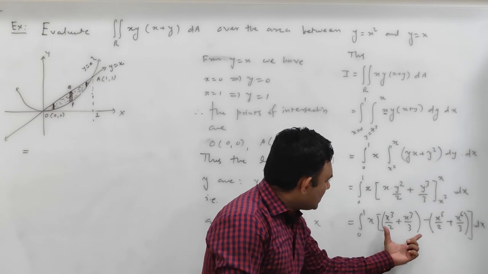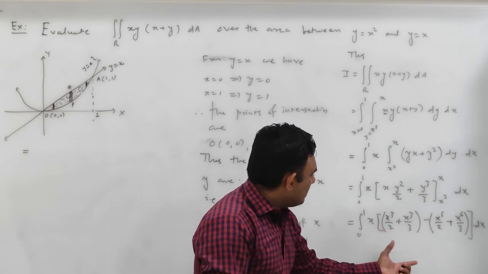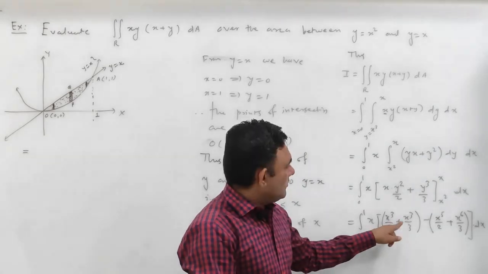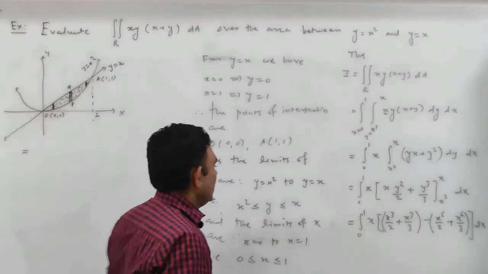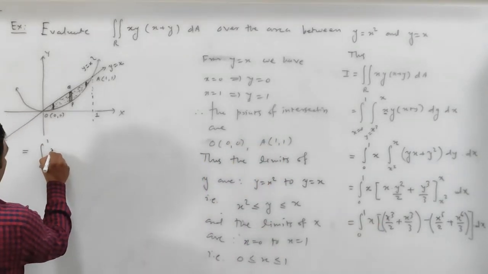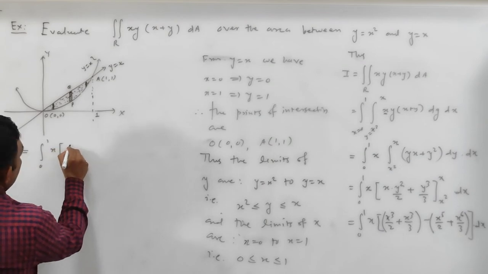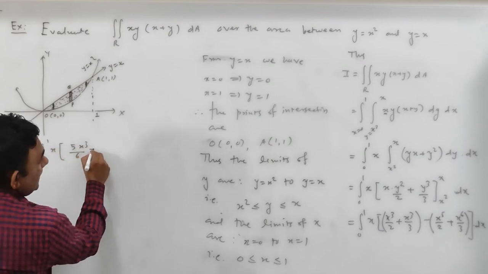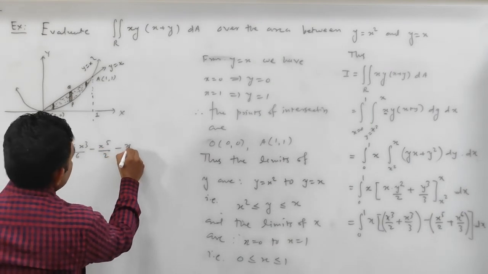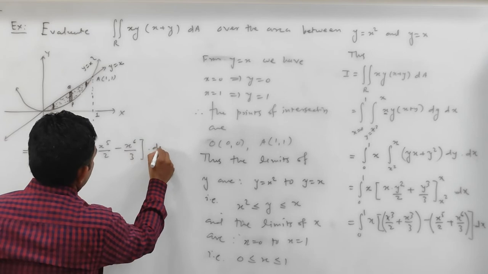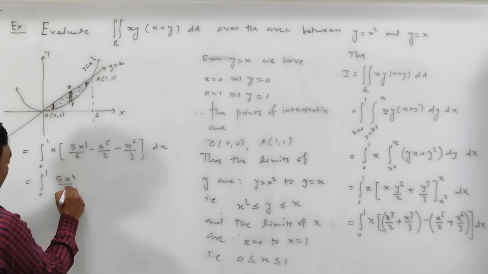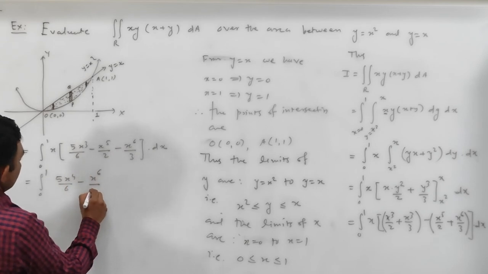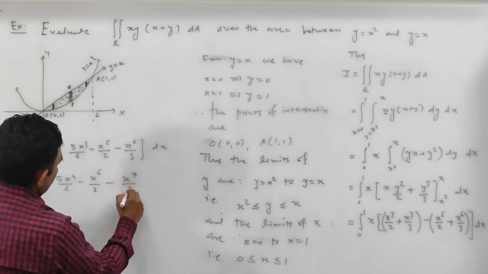I can make the simplification here also. Both terms are x cubed, so 3 plus 2 is 5 by 6. So it is integration 0 to 1 of x into (5x cubed by 6 minus x raised to 5 by 2 minus x raised to 6 by 3) dx. This is integration 0 to 1 of 5x raised to 4 by 6 minus x raised to 6 by 2 minus x raised to 7 by 3, dx, where you just multiply x inside.